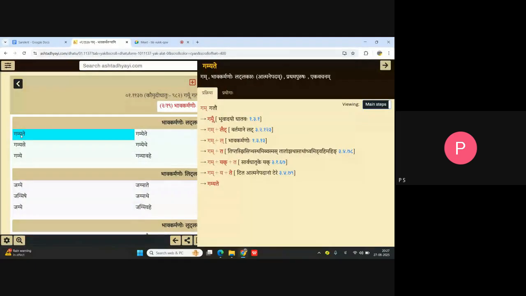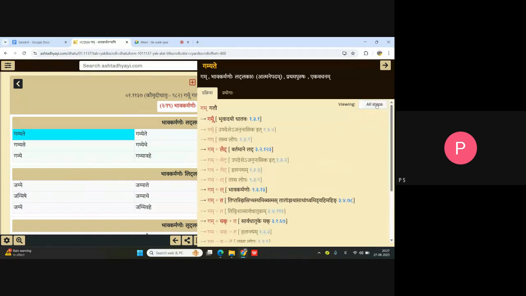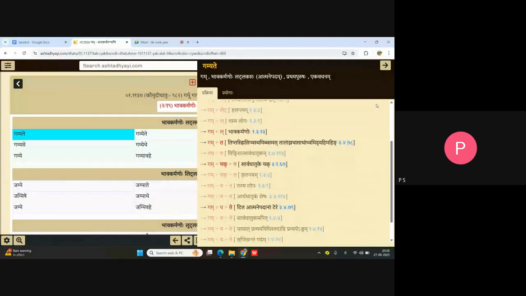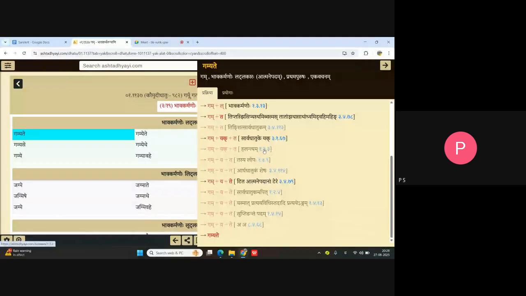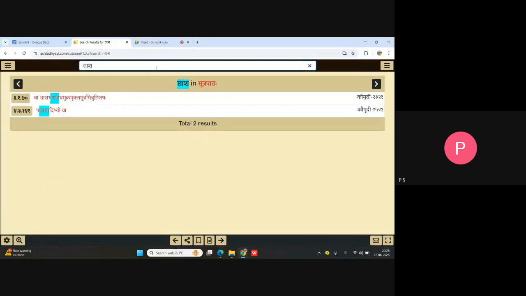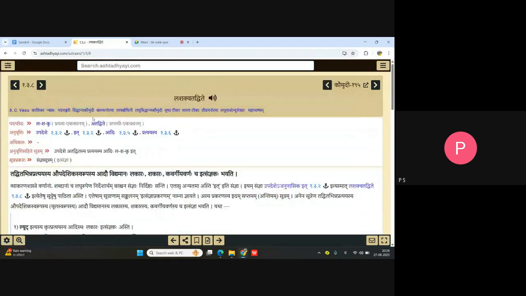Am I seeing something wrong? Yes, sorry, halantyam only. This lashakvataddhite is for ado vidyamanah lakarah shakarah kavargiyah varnah. Yes, sorry.